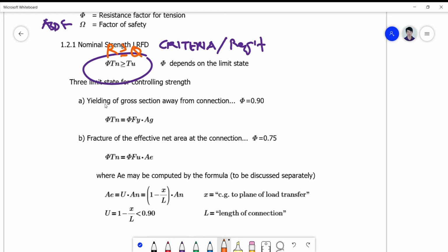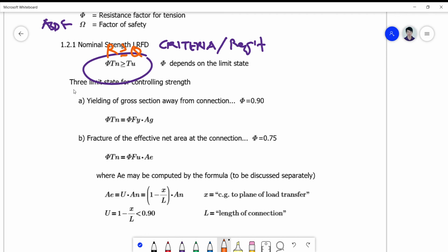And what did I tell you in our design philosophy? That the engineer will be identifying the limit state condition that he or she believes is significant to whatever member he or she is designing.